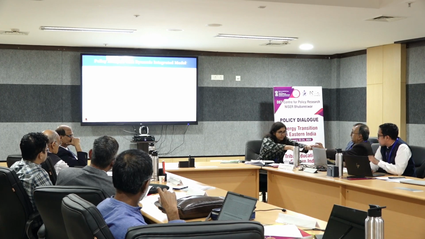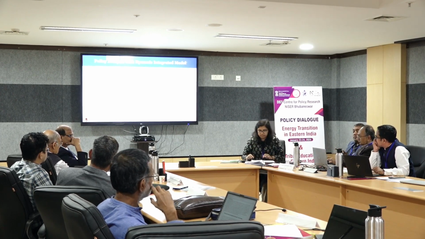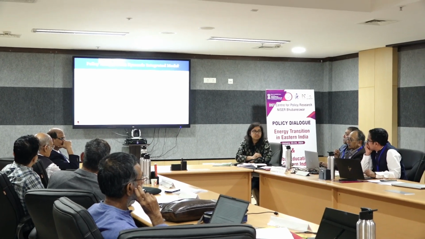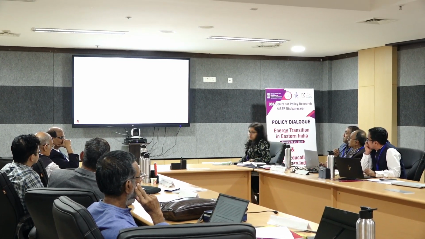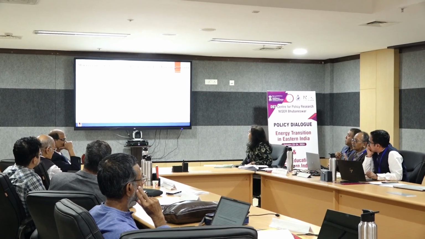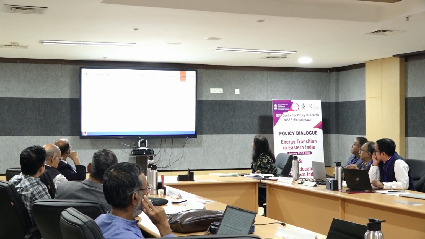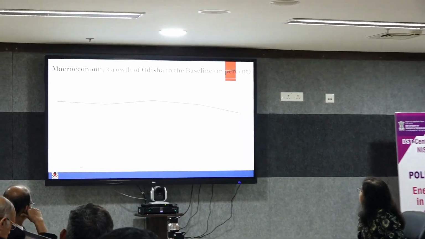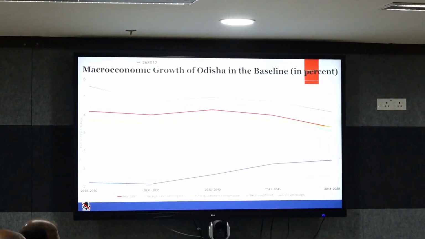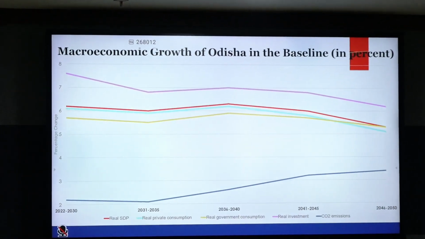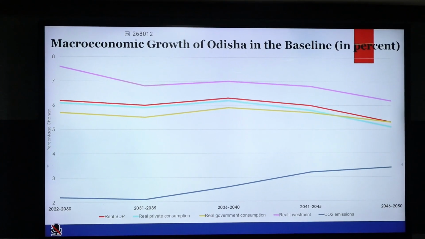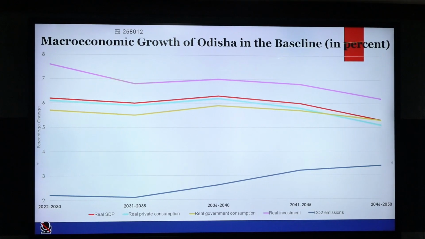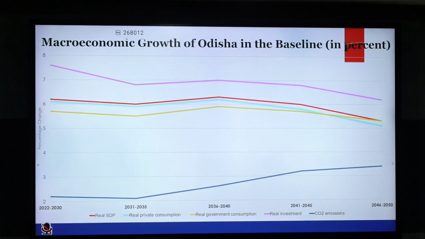At present, we have a baseline scenario that we have assumed. Up to 2050, we expect Odisha can easily grow at this rate. The main things are real investment and real SDP growth, around 6 to 7%, growing more than 6% over the years and falling towards the end.